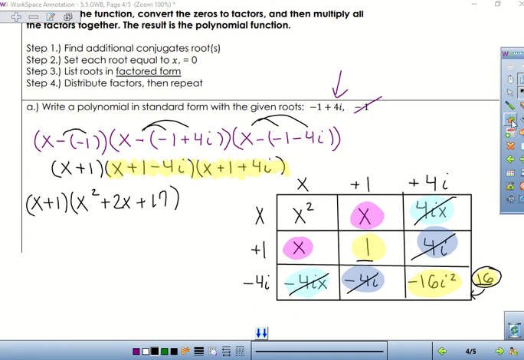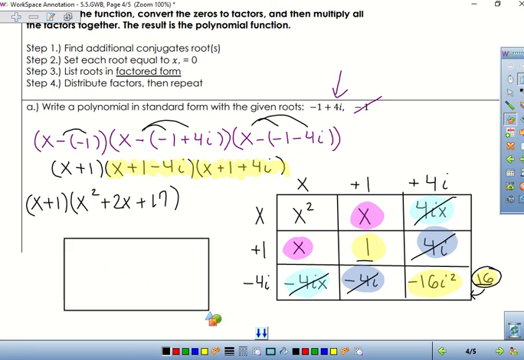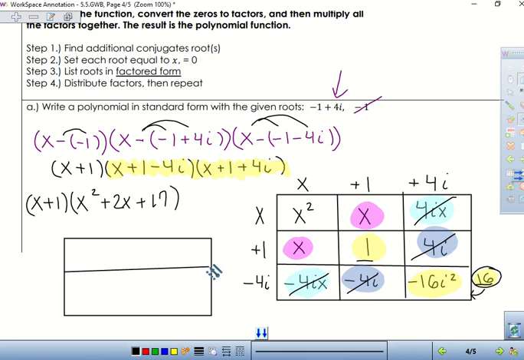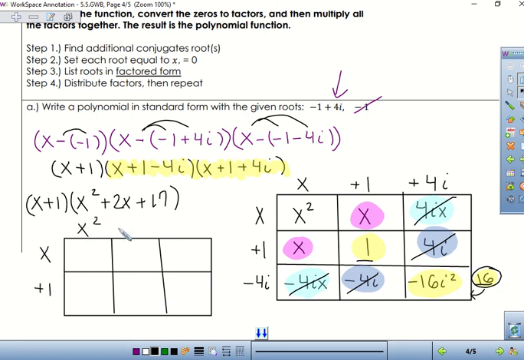So these problems can be a little tedious. You're not going to have to do a ton of them, but it is important that you understand the process at least once. So we're going to set up our box again and multiply. We got x plus 1, x squared plus 2x plus 17. Then we multiply in the boxes.